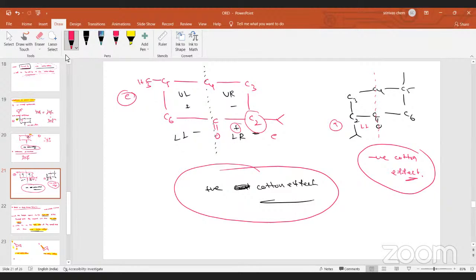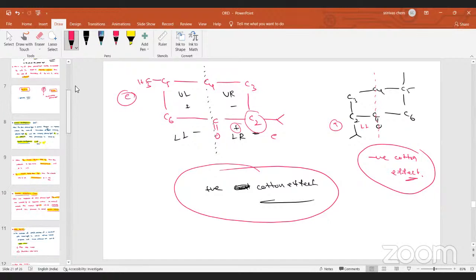So this is about the octant rule and applications of the octant rule. So this is about ORD.